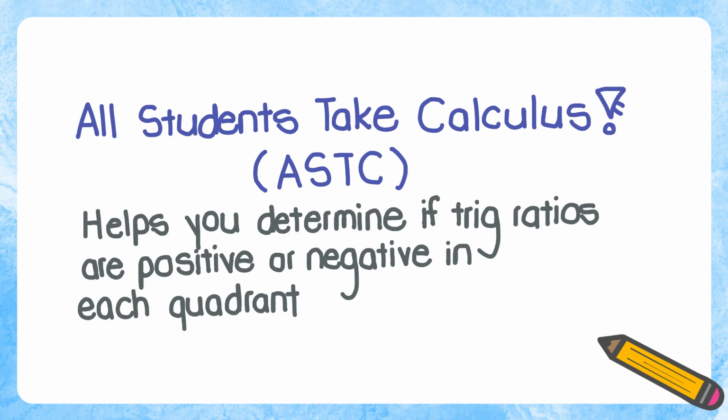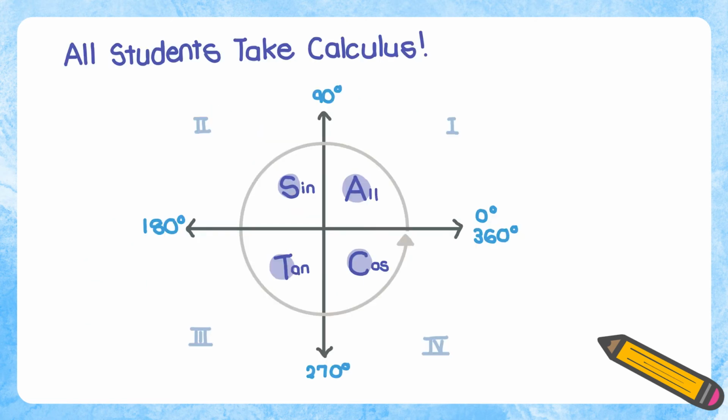And if you come up with a different phrase that helps you remember ASTC better, feel free to use that instead. But I like to use this idea of all students take calculus. So make sure to write this down in your notebook if you haven't already. Remember, each quadrant is split up by the 90-degree increments.